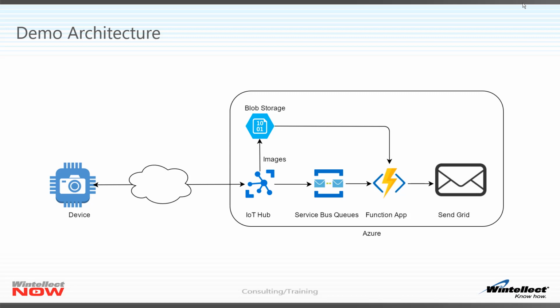So all in all, it's a fairly basic demo, but it does give you an idea how the Internet of Things works. I have my device, I have my device management piece in the middle, which is my IoT hub, and connected to that my messaging platform, which is my service bus, and my storage, which is my blob storage, and then my enterprise integration, which would be my function app and my SendGrid.